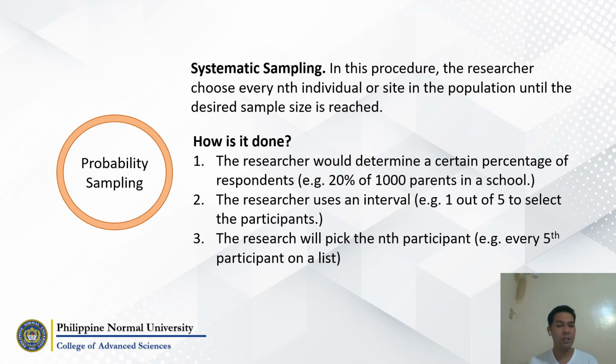Then the researcher would use an interval, say for example, 1 out of 5 to select the participants. Then the researcher will pick the nth participant. So in our example, this is every fifth participant on the list until such time that the researcher would reach the 20% of the target population, which in our example, is the 1,000 parents in a school.